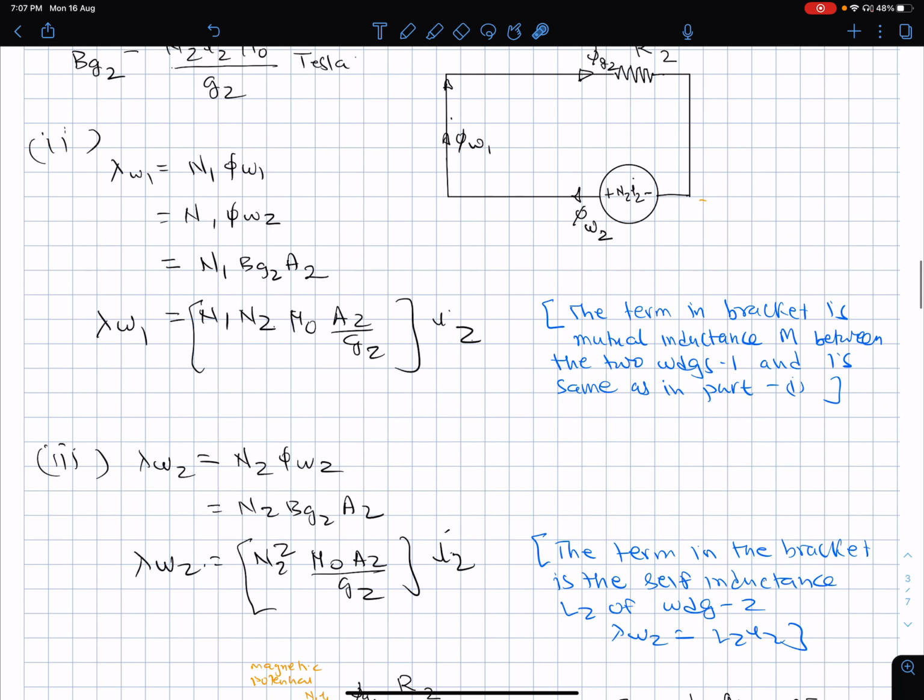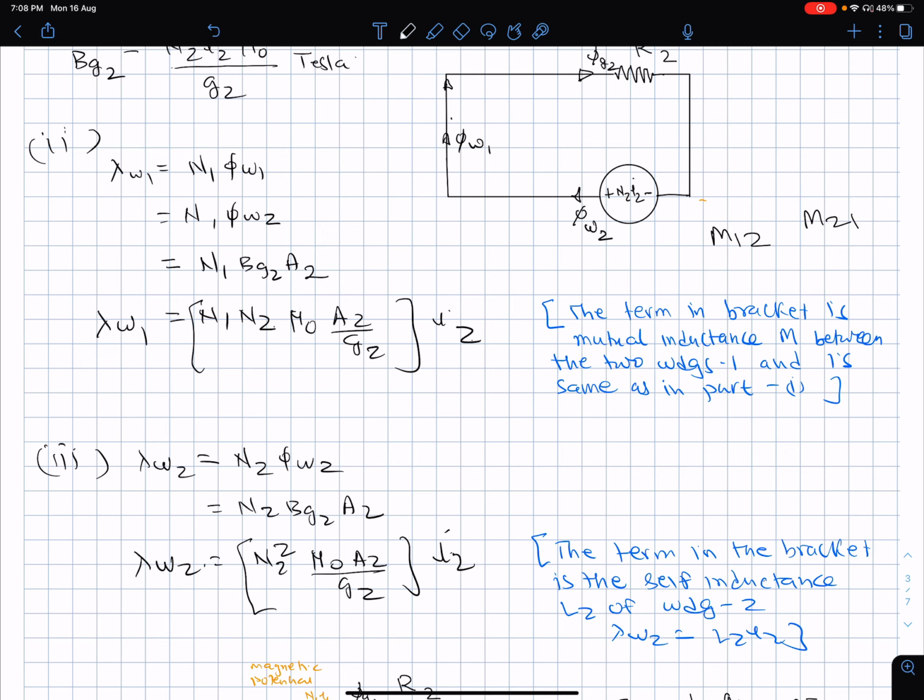Again, you have the mutual inductance, which is the flux linking winding 1 due to the current I2, and it comes out to be the same. If one is shown as M12, another is shown as M21.